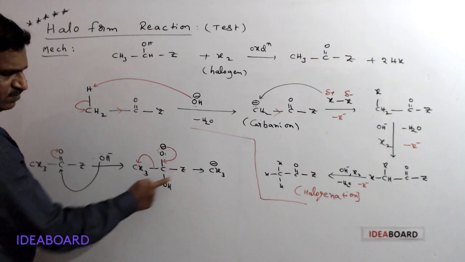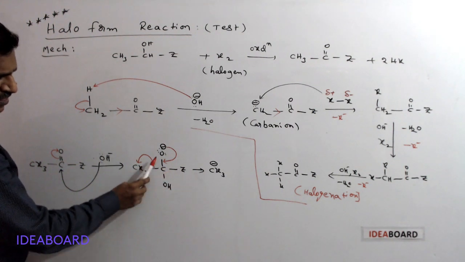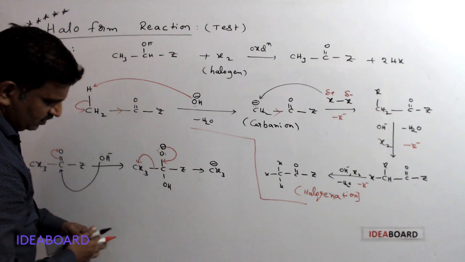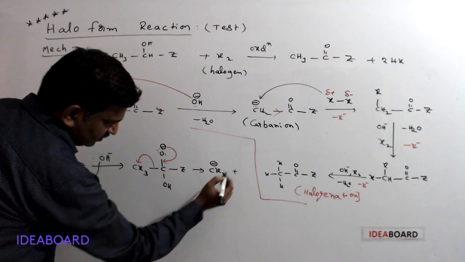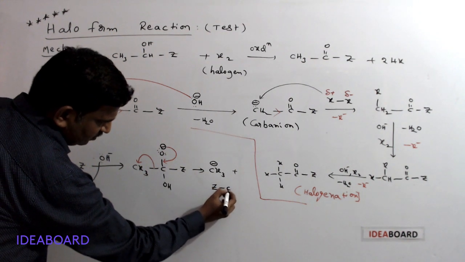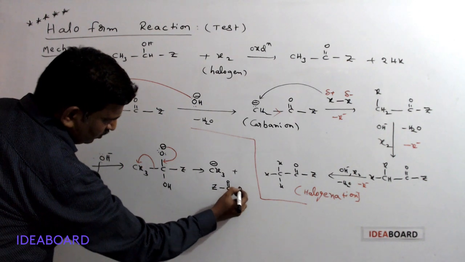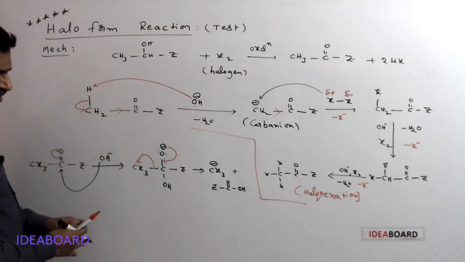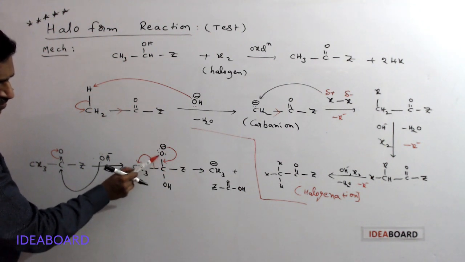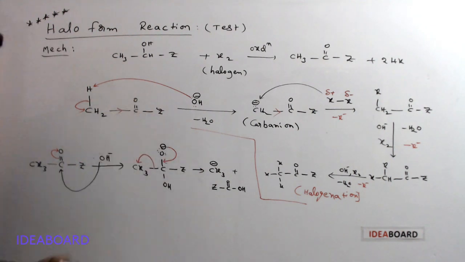What is the remaining compound? Z single bond C double bond O OH. Please see how it is: Z single bond C double bond O OH. So we are getting this compound.